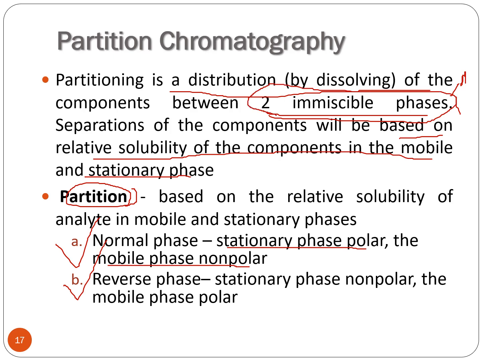Okay, inilah dimaksudkan by 2 immiscible phases. Different phases between mobile phase and stationary phase. Okay, untuk reverse phase, dia adalah terbalik dengan normal phase. So, separation ni akan berlaku based on relative solubility of the components in the mobile and stationary phase. Okay, macam mana?